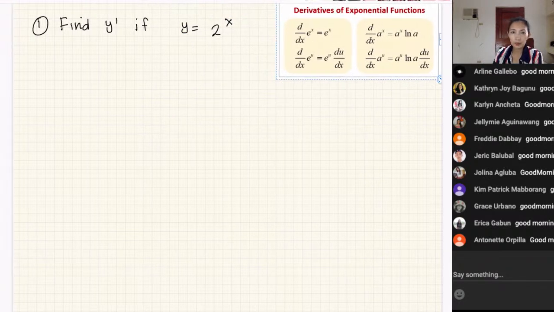Okay, so looking at the given, y is equal to 2 raised to x.